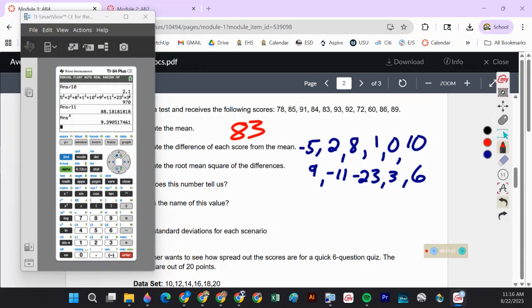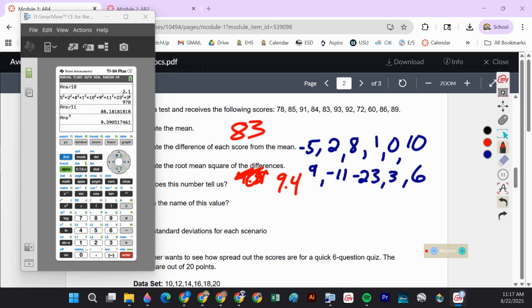Okay, so this is 9.4. And I said 4 and I wrote 5. 9.4. What does 9.4 tell us? Yeah. So the average distance from the average is going to be somewhere slightly smaller than 9.4, maybe like 9, I don't know. And for the purposes of this class, we're just going to call this the average distance from the average, even though it's not.